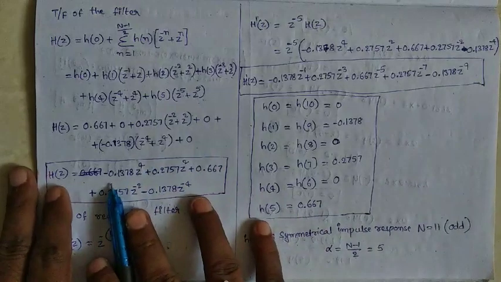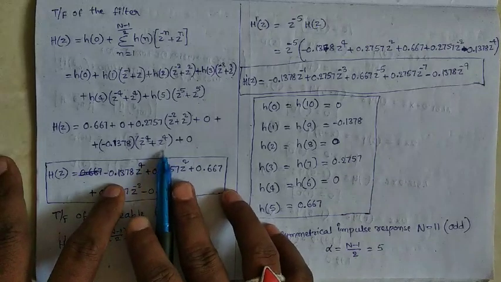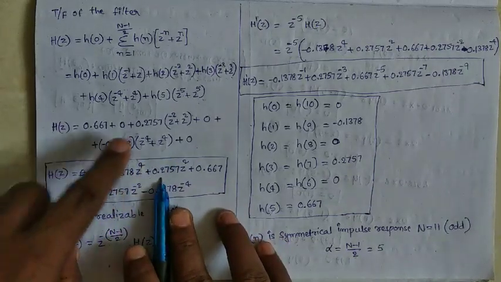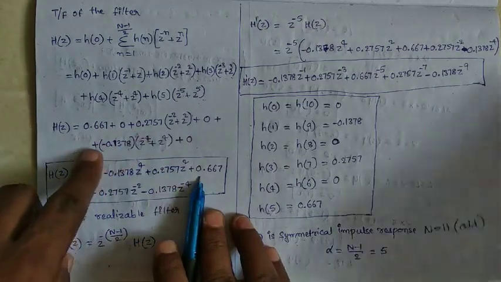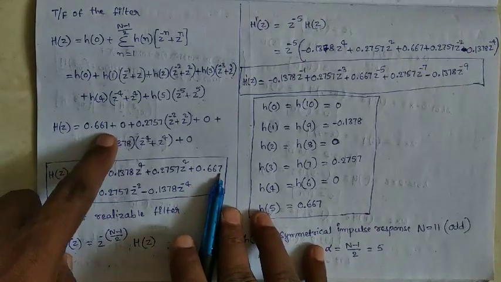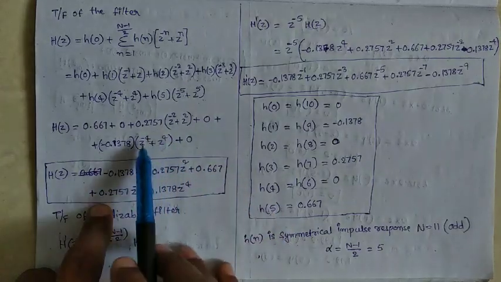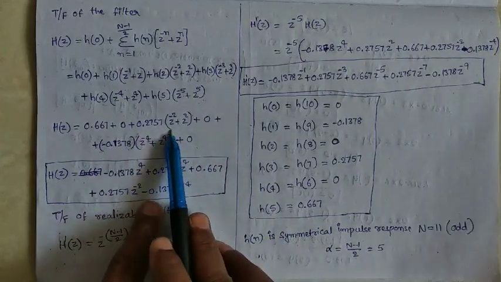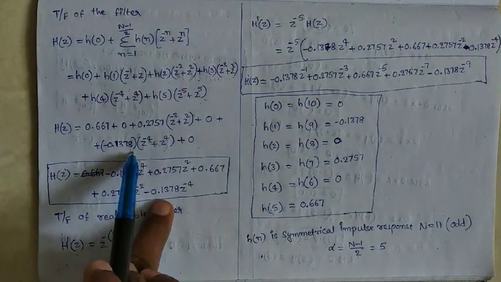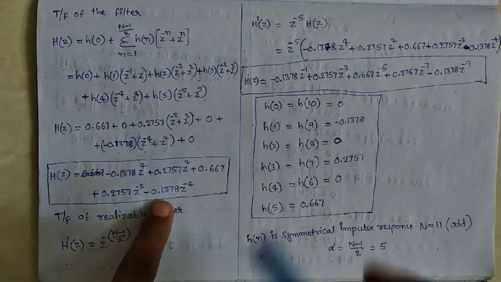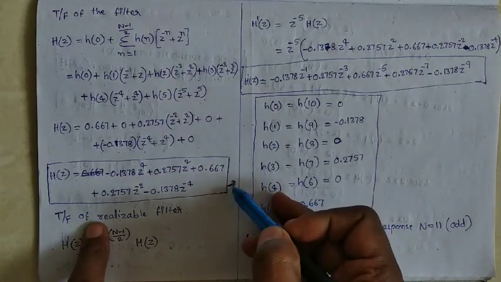For negative n, the power of z is positive; for positive n, the power of z is negative. In this order, writing from minus infinity to plus infinity, H(z) equals minus 0.1378 z^4 plus 0.2757 z^2 plus constant term 0.667 plus 0.2757 z^-2 minus 0.1378 z^-4. This is the transfer function of the non-causal filter.